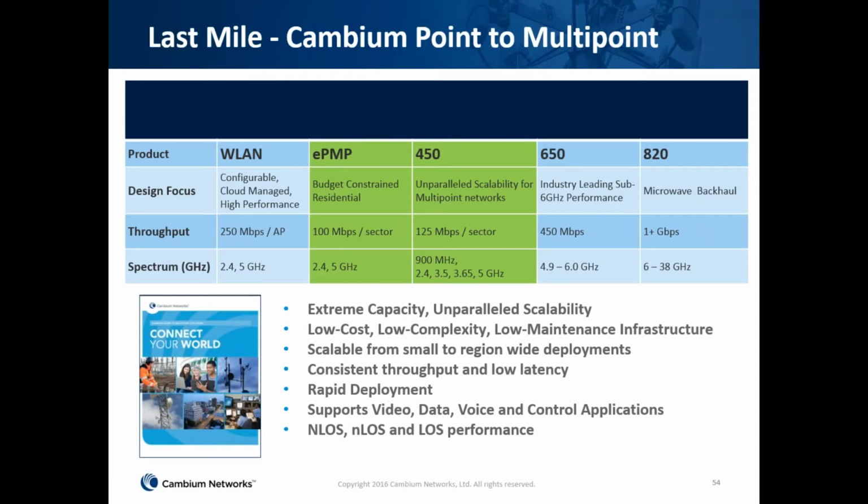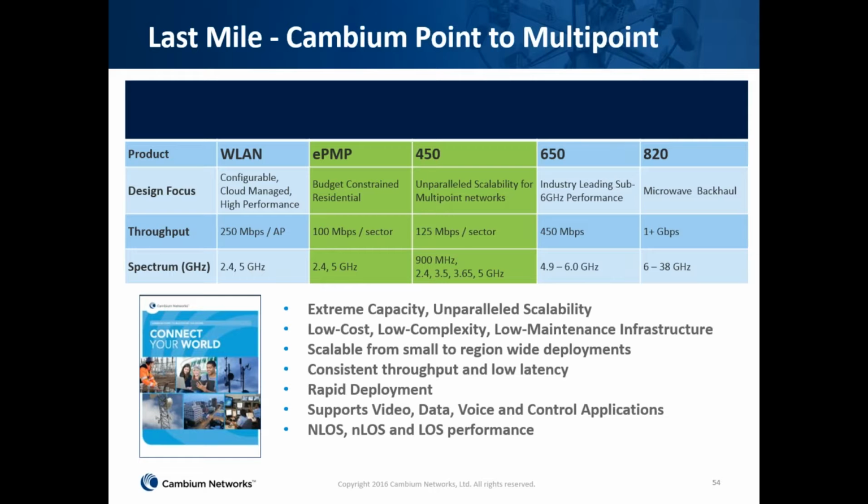We have two different options for you, once again depending on how you want to craft your bid. Ted said there's a number of things that you need to look at, spectrum availability and different things. We have our PMP 450, which is our point-to-multipoint cornerstone product. We've got over 3 million nodes of this deployed throughout the world right now.